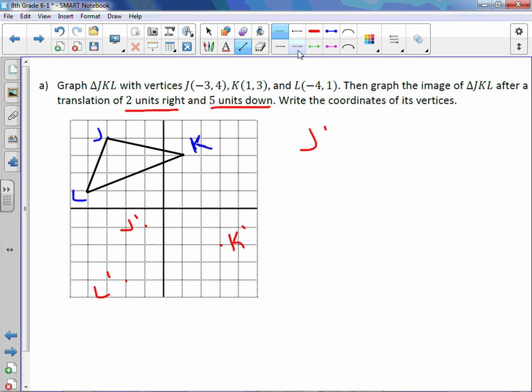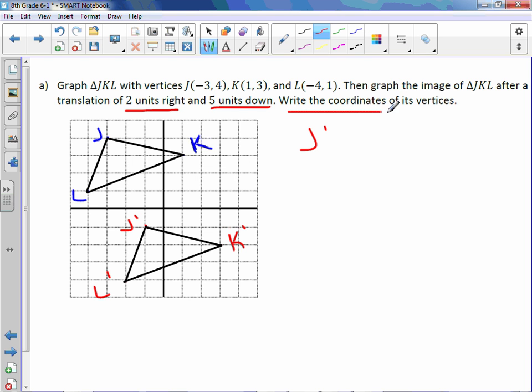Draw your triangle. Now, it's exactly the same shape, same size, same angles. It just shifted. So the last step here is to write the coordinates of its vertices. So just look where your new points are and write the coordinates.